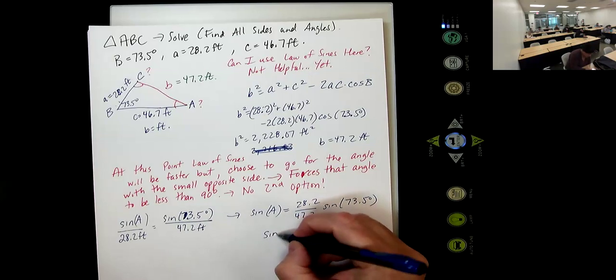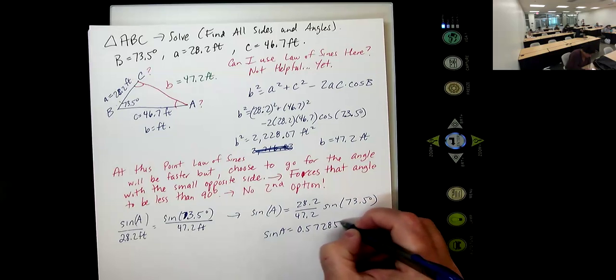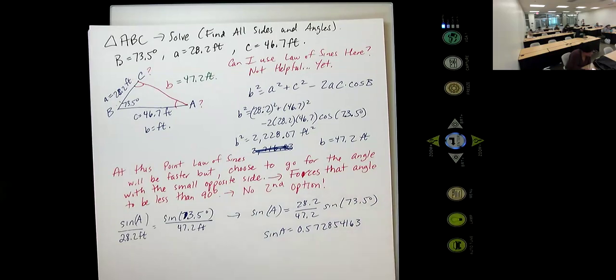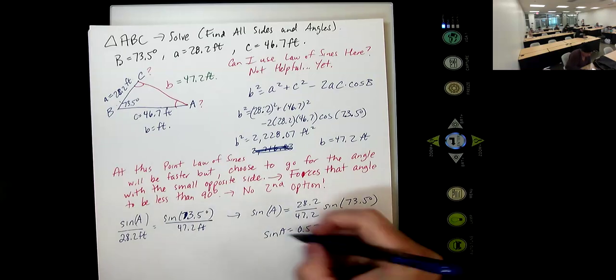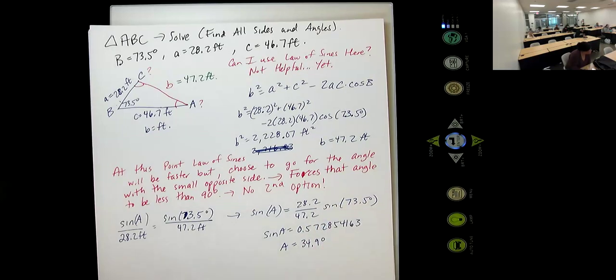And sine A is 0.572854163. And I will do sine inverse, and I'm getting A equals 34.9 degrees. Anyone else get that? Okay, good.